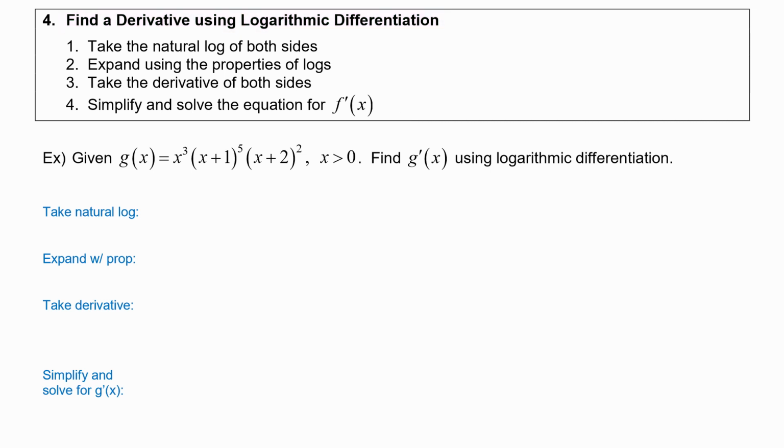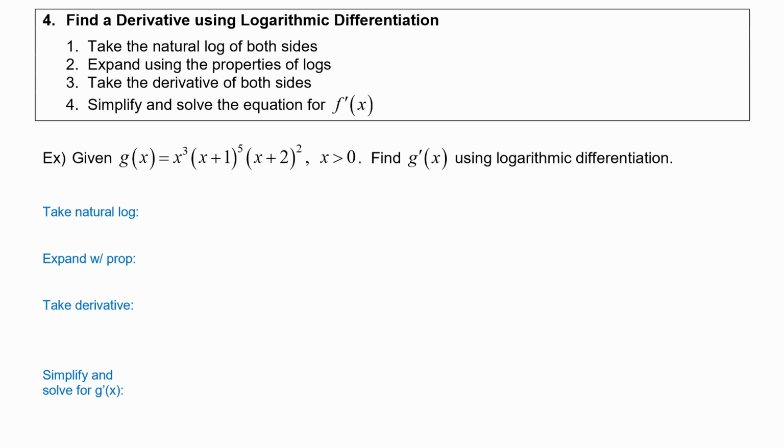So here we are given g of x is equal to x cubed times x plus 1 to the 5th times x plus 2 squared, and we are told that x is greater than 0. We have to find g prime of x using logarithmic differentiation.